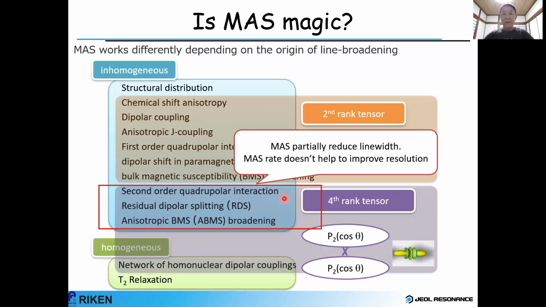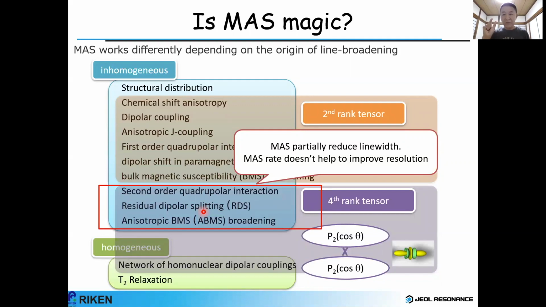Another example is second order quadrupolar broadening and residual dipolar splitting. This interaction comes from the multiplication of two second rank tensors, which results in a 0th rank, a second rank and a 4th rank tensor. The 0th rank tensor doesn't do anything for line broadening.